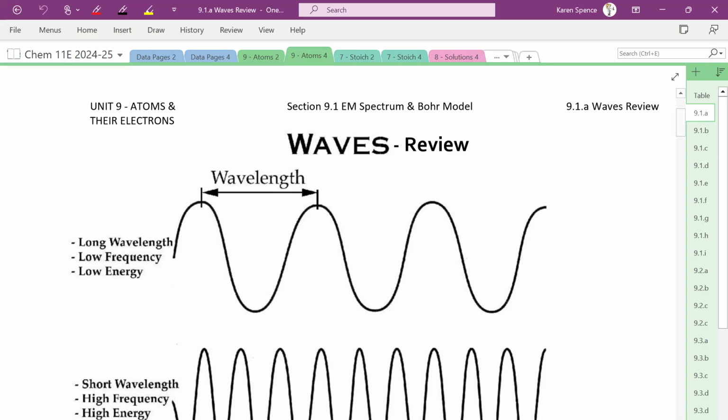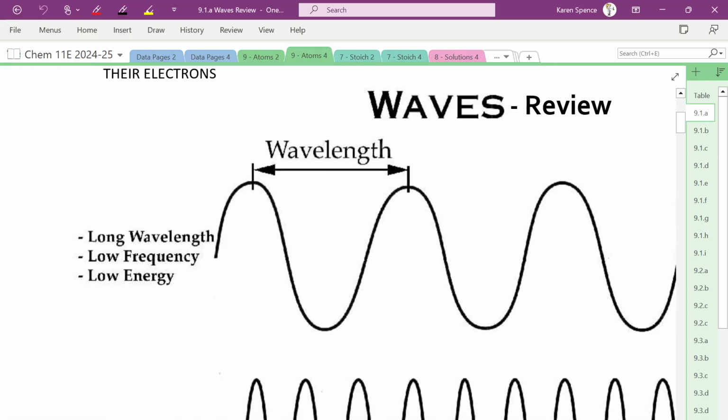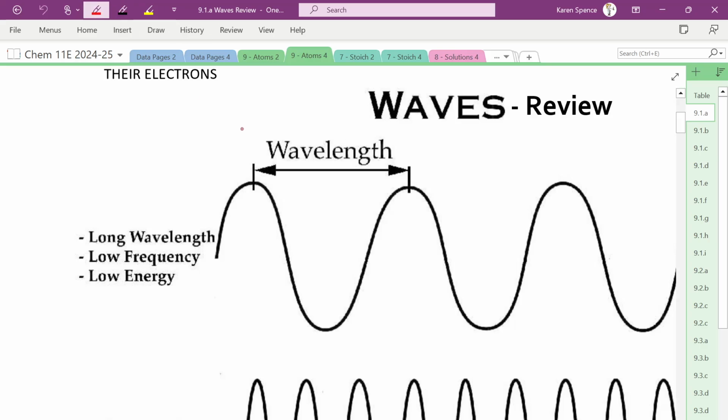So here we have a wave. And if you go from peak to peak, that's a wavelength. That's one wavelength.